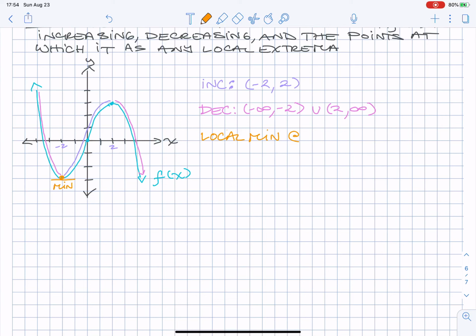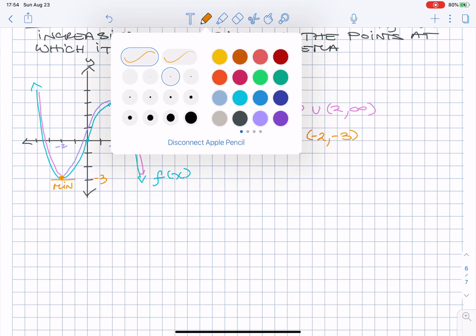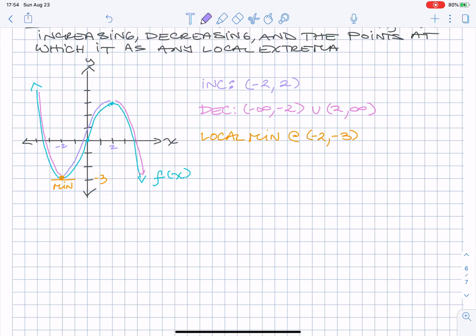So that would be at -2, comma, what's that, -3. Now, is there a local max? Well, it looks like this point is locally a little maximum. So that would be at the point 2, comma, what is that, 3 on the y? Okay, so there we are.